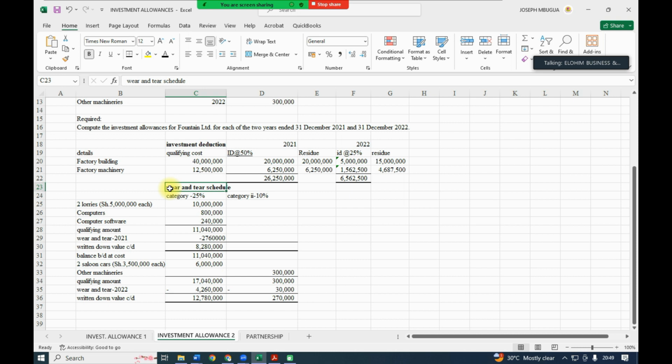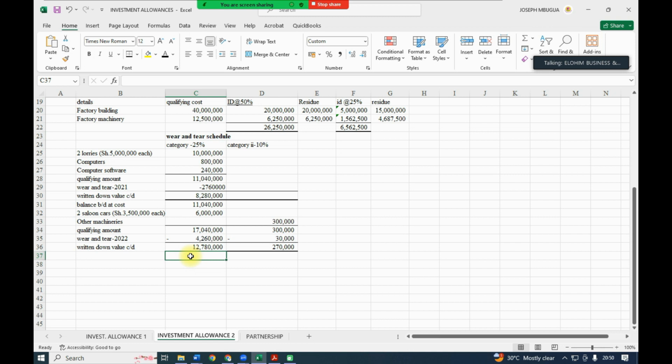The key thing is that initially we were using the net book value, calculating based on written down value for the previous year. But in this case, we are going back to the carrying cost or qualifying amount, being the amount that we are basing our wear and tear on.